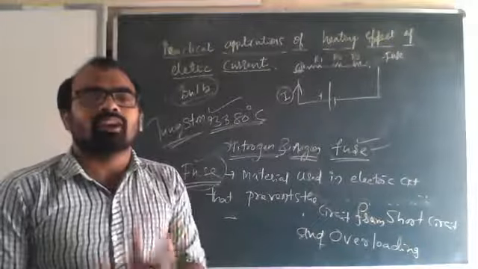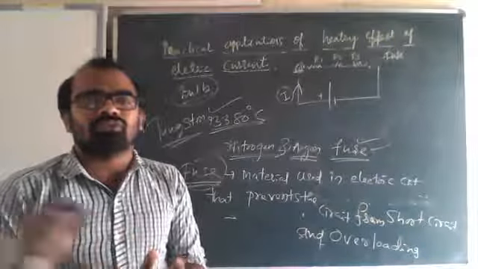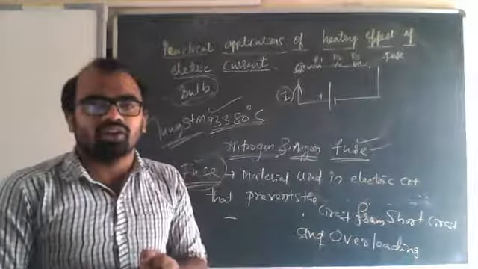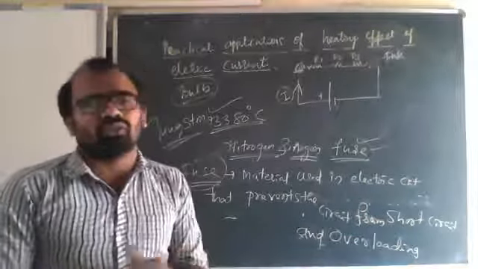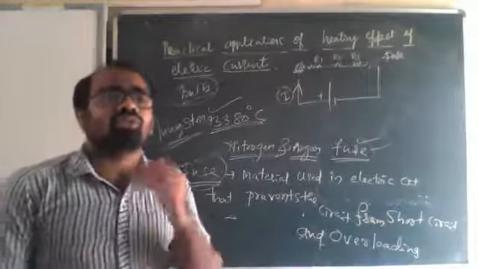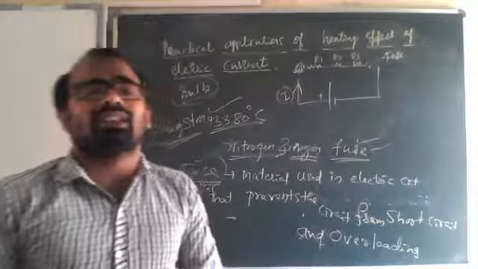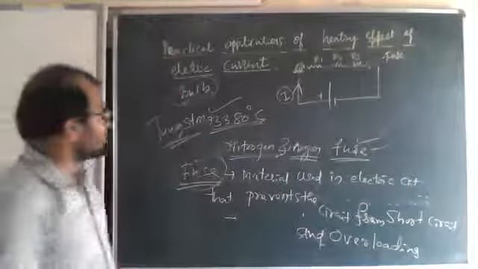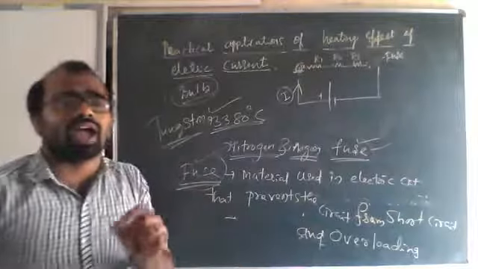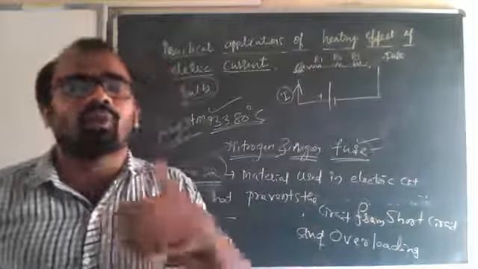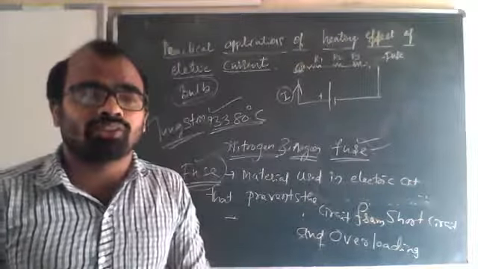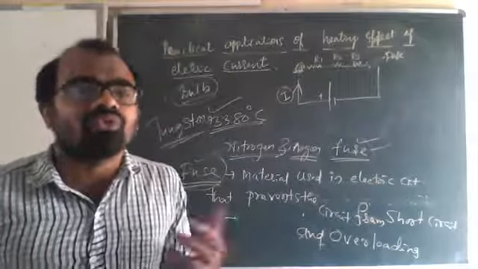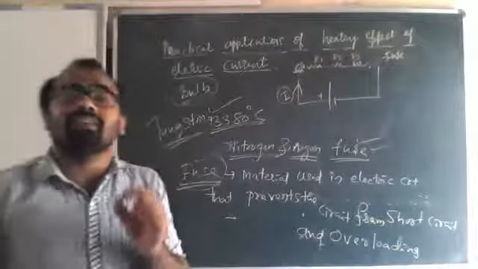The fuse must be connected in dash with the circuit: in series with the circuit, in parallel with the circuit, across the circuit, or none of these. So you should remember the fuse is always connected in series with the resistors or circuit. And the fuse should have option A high melting point, option B low melting point, option C high boiling point, option D none of these. The fuse should always have a low melting point.